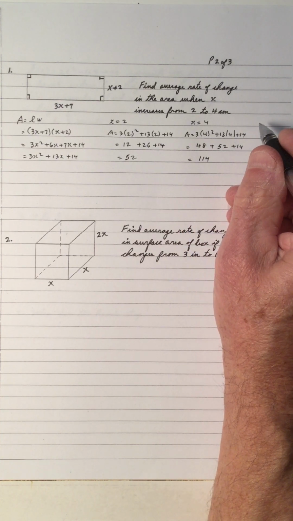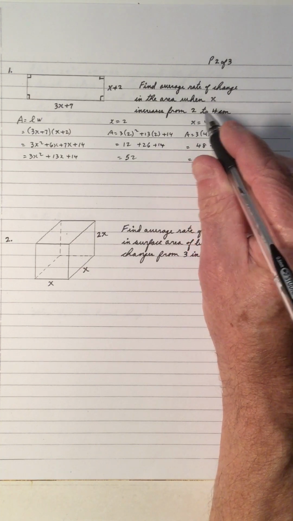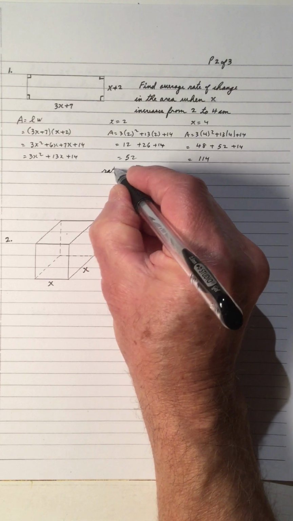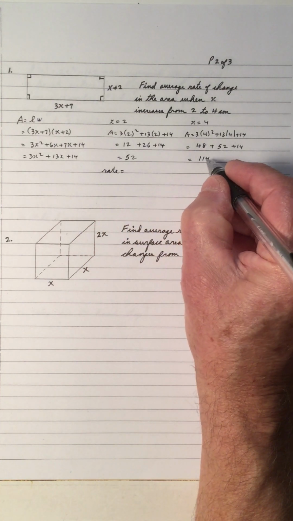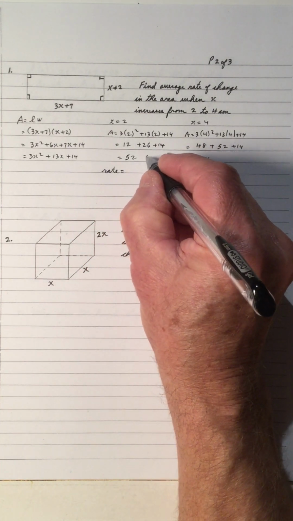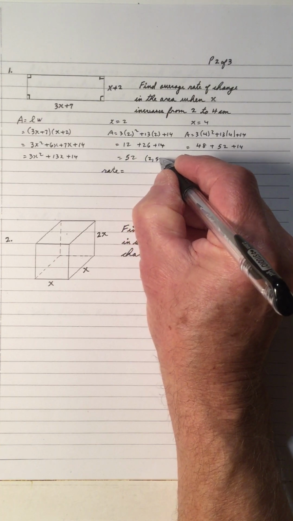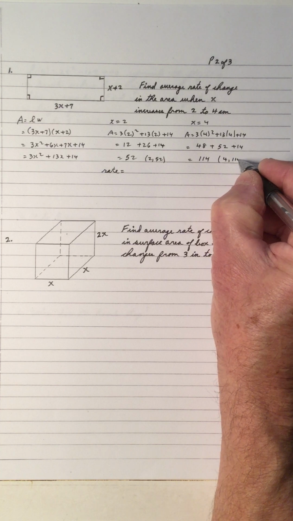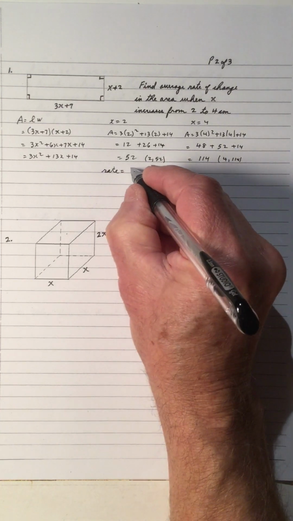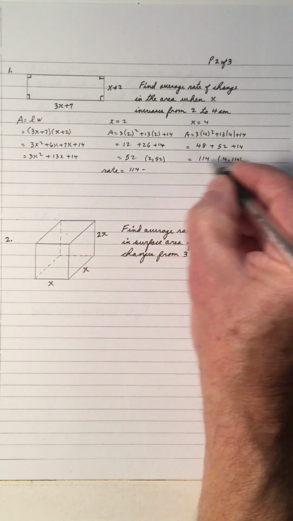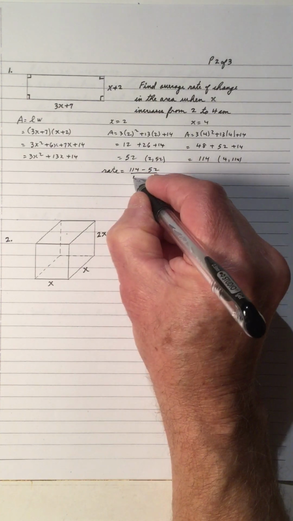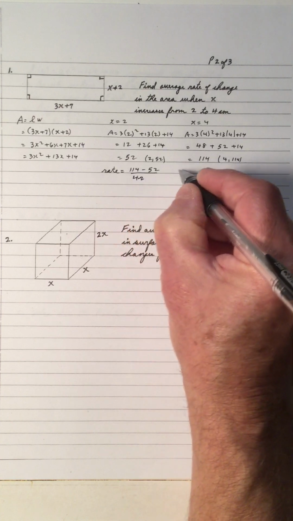So the average rate of change between 2 and 4 is, the average rate of change is the slope, and the slope is y2 minus y1 over x2 minus x1. So this point right here is 2 comma 52, and this point right here is 4 comma 114. So it's 114 minus 52 over 4 minus 2.